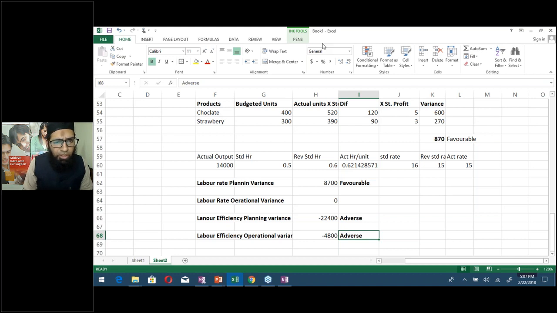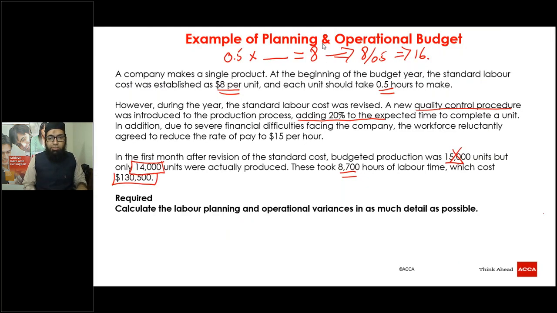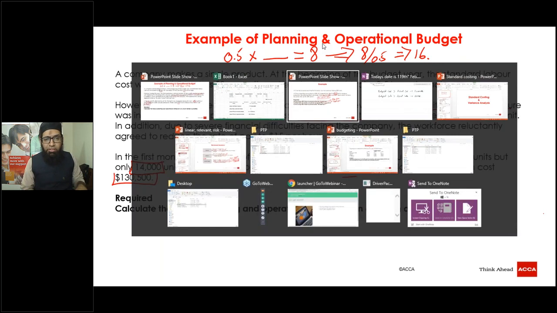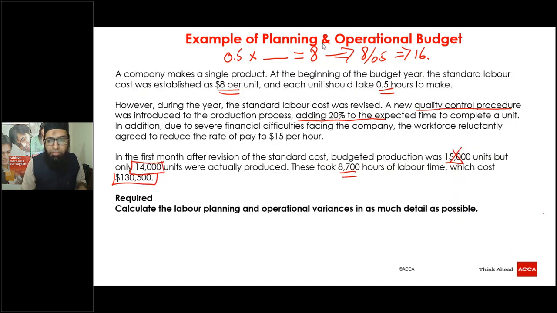There is a question from Sarah Ibrahim. Why did you use 16 instead of 15 in the labor efficiency rate? Dear, the reason for this is the standard rate is 16. The standard rate is, where is the question? Over here. The standard rate is 16. And remember that because it is an efficiency variance, we will be changing labor hours and not the rate.